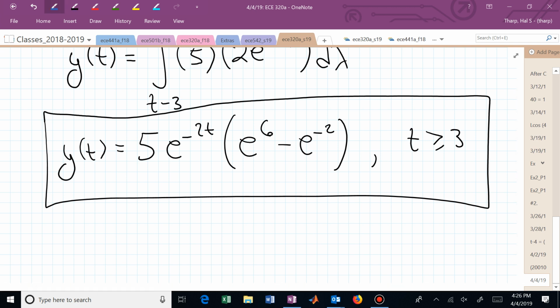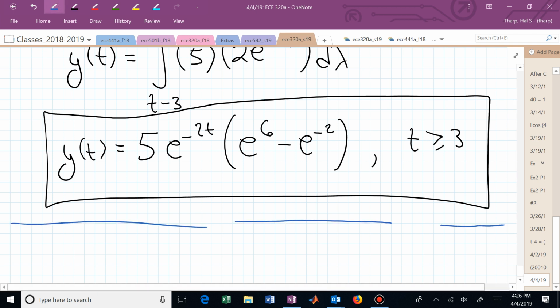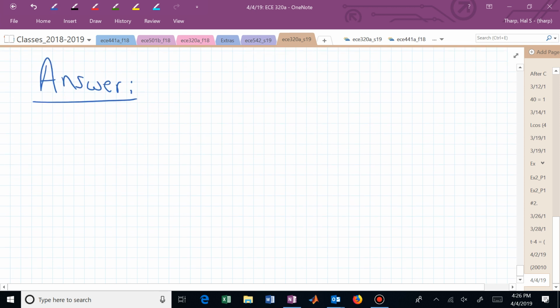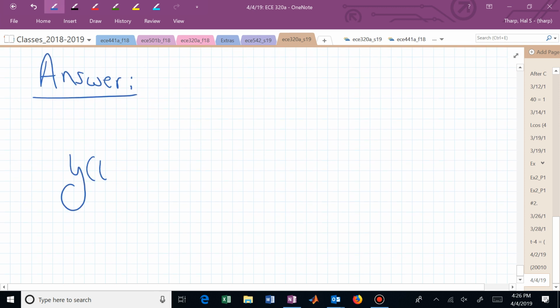And now you probably want to wrap all of this up. Clean it up into an answer. And you might say, okay, this now is y of t, and how many parts do we have? Ooh. We have 3 different parts. We had one part that was nothing. That happened when t was less than or equal to minus 1.